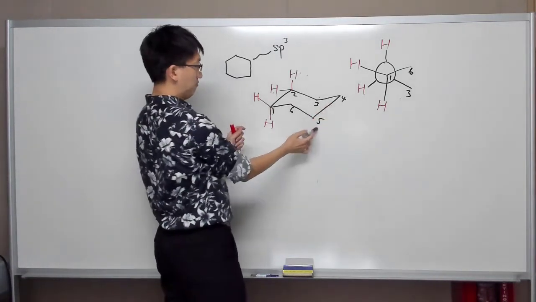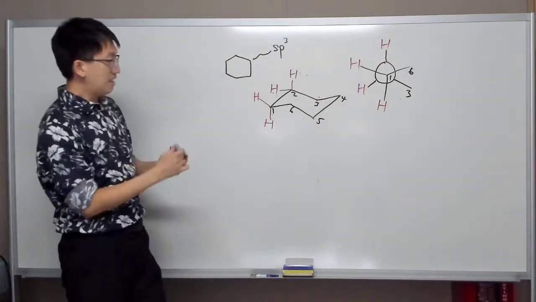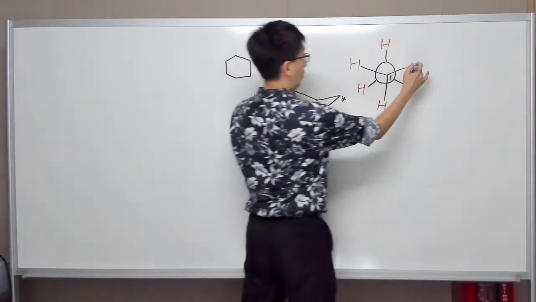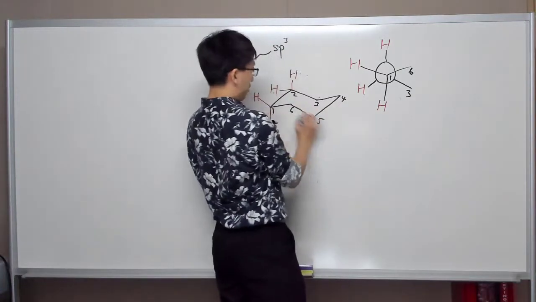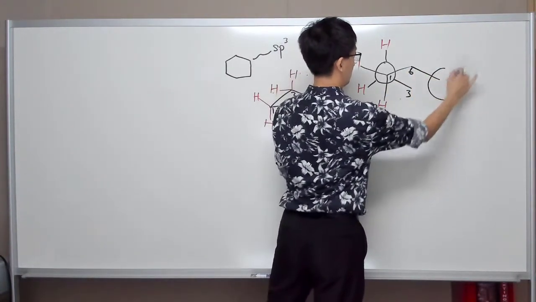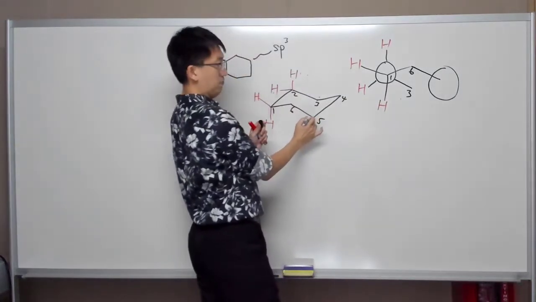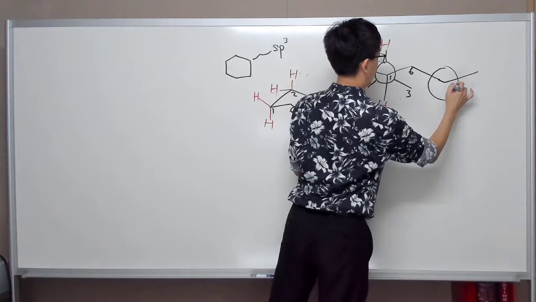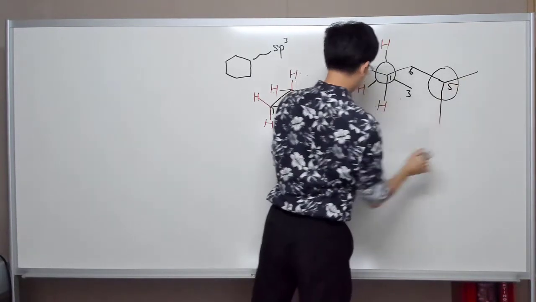So for carbon 4 and 5, the easiest way, of course, is to connect with 6. So we are just going to draw this, and then we draw a circle. And then of course 5 is over here. So when 5 is over here, we'll just put this as 5, and then we point down.